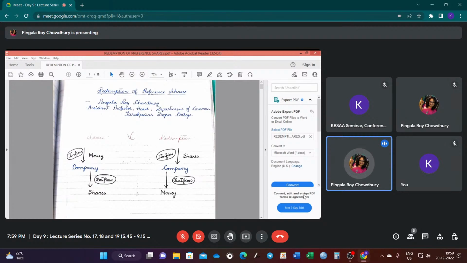So that is why the name comes preference shares. Now moving to the topic, redemption of preference shares. Firstly, we have the concept of issue of shares, and we have the concept of redemption of shares. When we are issuing, the company is issuing a certain amount of shares in exchange of money. So in the case of issue, money is having an inflow and shares are running out from the company.